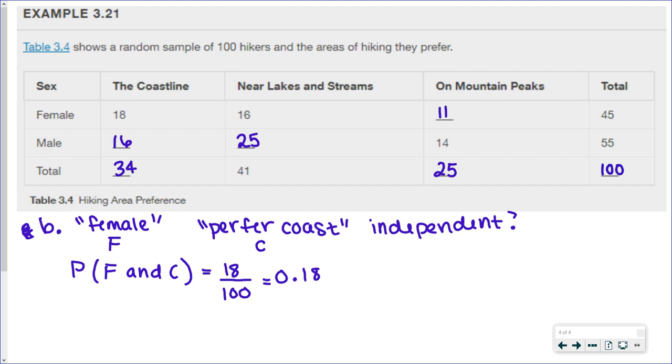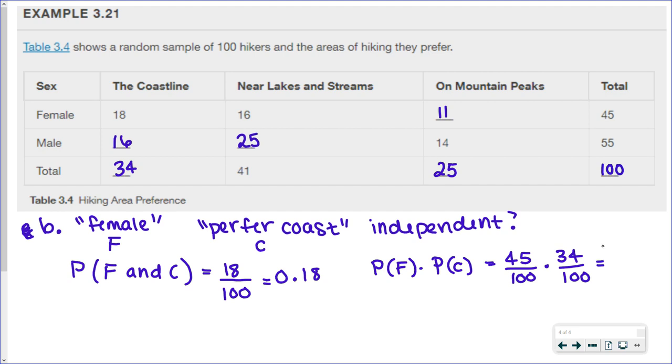The second thing we need to find is the probability of being female times the probability of the coastline. So the probability of being female, total females are 45 out of the 100, times the coastline is a total of 34 out of 100.